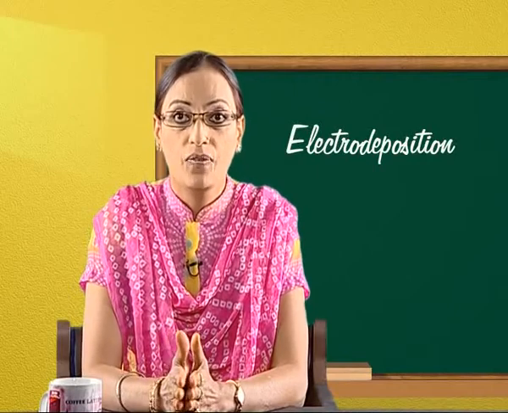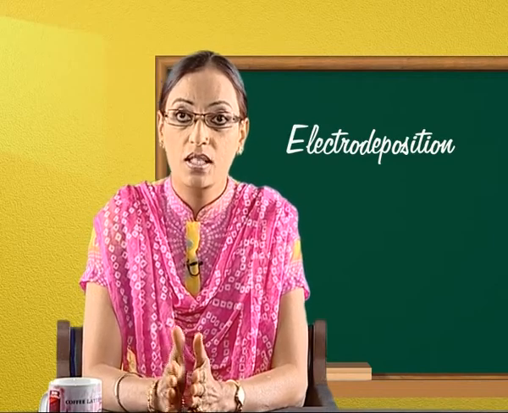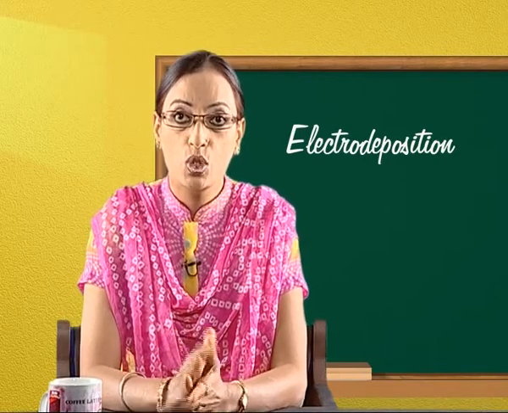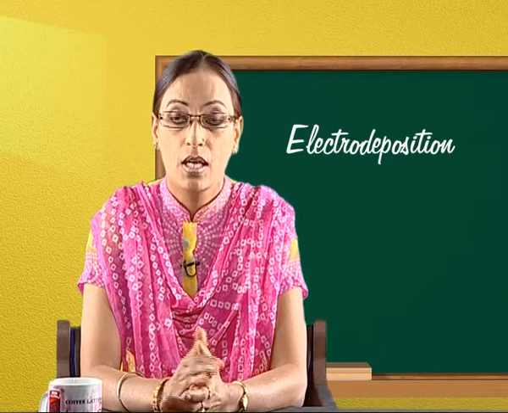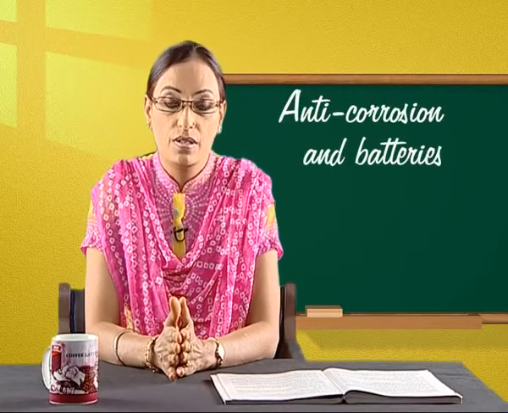The method of electrodeposition gives a relatively thin coating that is usually used as a base for paint. Galvanizing is used to protect building structures or boat and machine elements. Let us now discuss anti-corrosion and batteries.